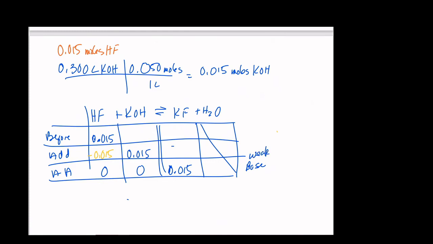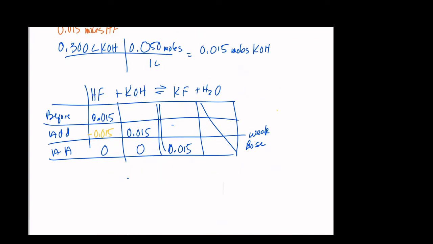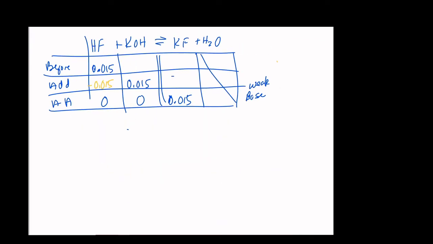So we're governed by a weak base. We're not governed by the Henderson-Hasselbalch equation anymore. So now we need to create an ice table for our dissociation of a weak base. So let's look at what that looks like. So now we've got KF.